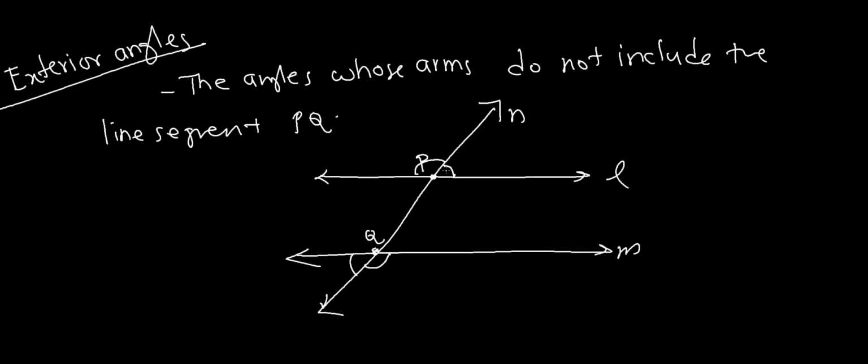So these angles are exterior angles. Here, as we gave numbers, this is 1, 2, then this is 7 and 8. So angle 1, angle 2, angle 7 and angle 8 are exterior angles.